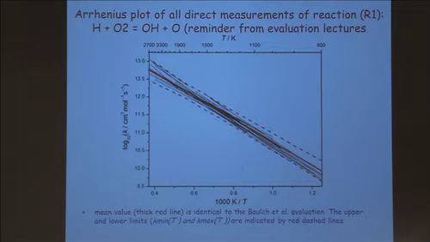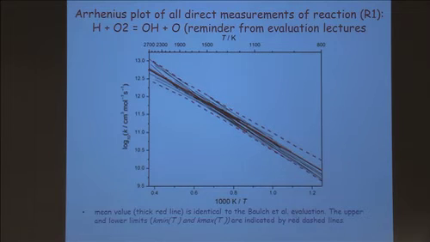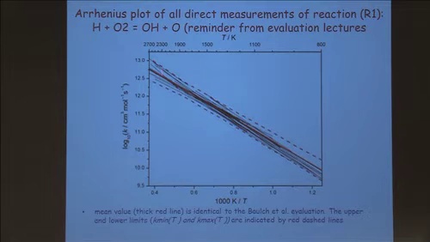And these lines in here are all different experimental determinations over different pressure conditions. So what he's doing is he's taking that range of values and allowing, in his optimization process, the rate coefficient to assume any values within this range.